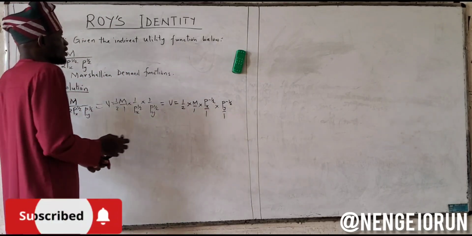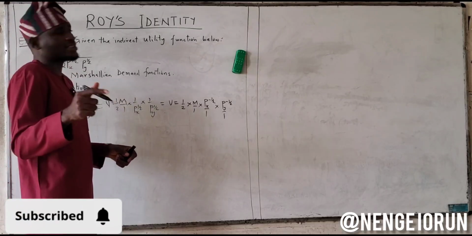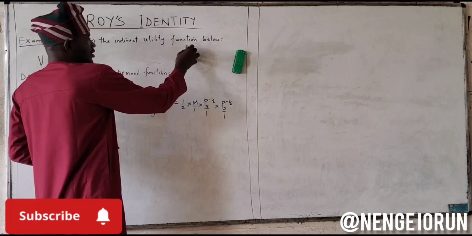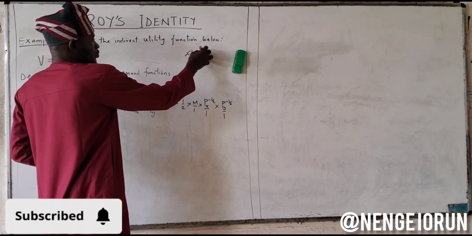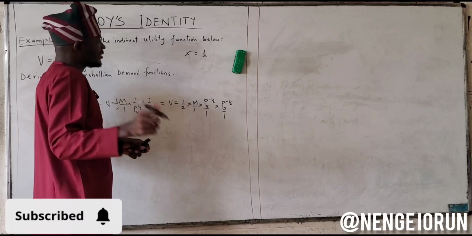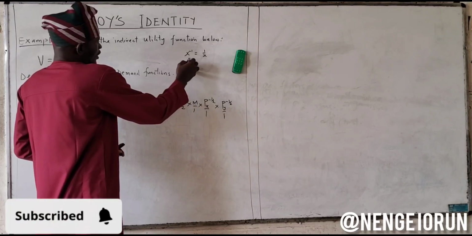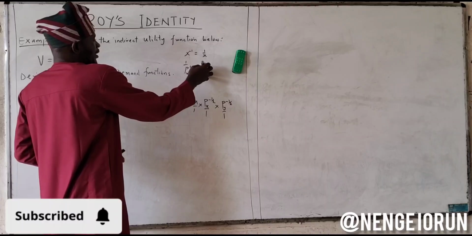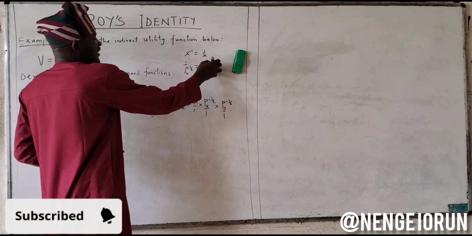This is because, according to the laws of indices, a number x raised to the negative power 1 is equal to 1 over x. That implies that 1 over Px raised to the power of half is the same as Px raised to the power of negative half.